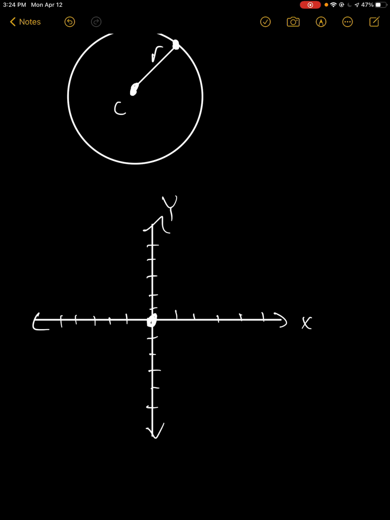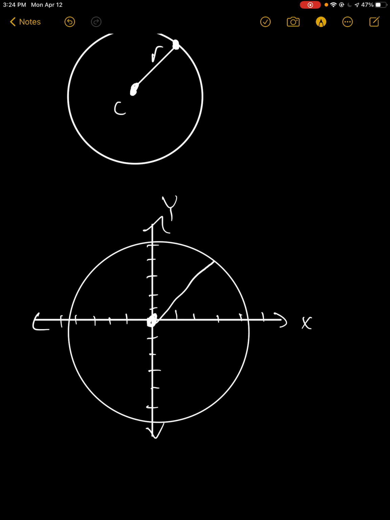Now what we can do is draw our circle in. And we know right now that this is our radius. What we can do from here is something we've seen before.